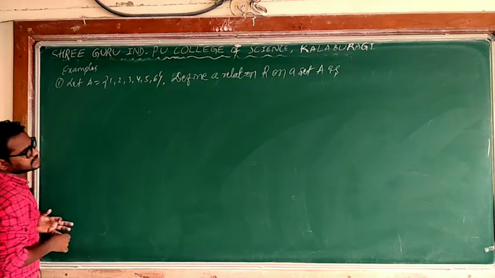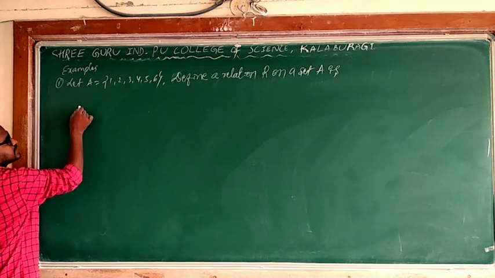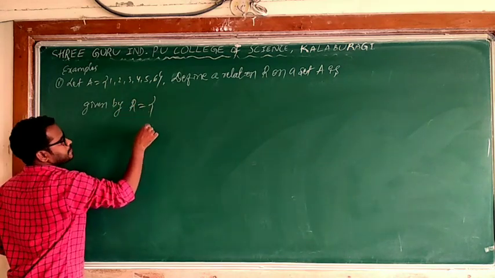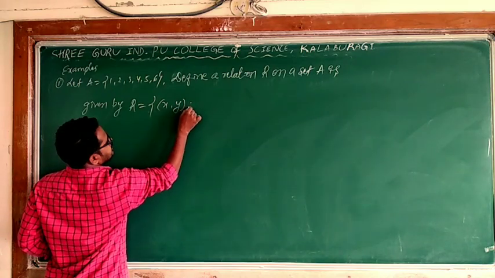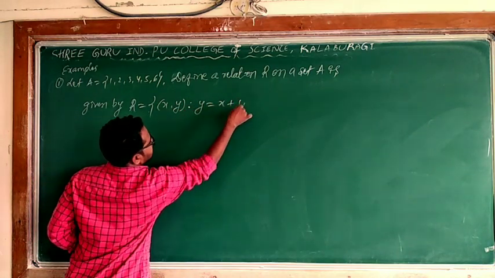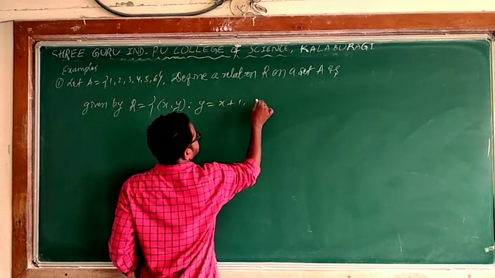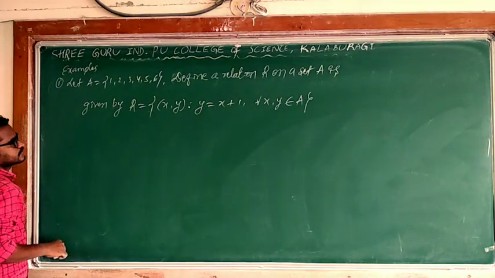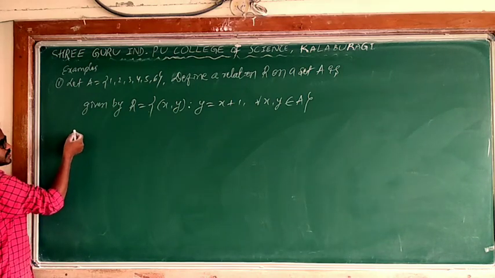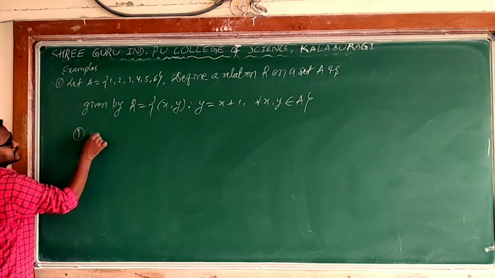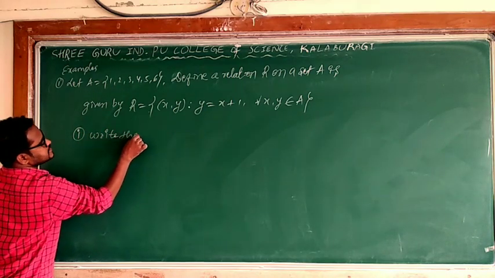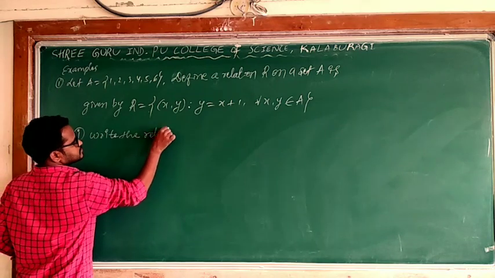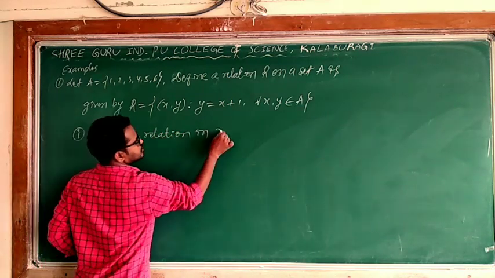Define a relation R on the set A given by R is equal to x comma y such that y is equal to x plus 1, for all x comma y belongs to set A. First one: write the relation, given in set builder form, in roster form.